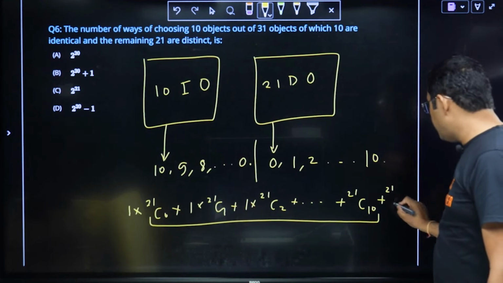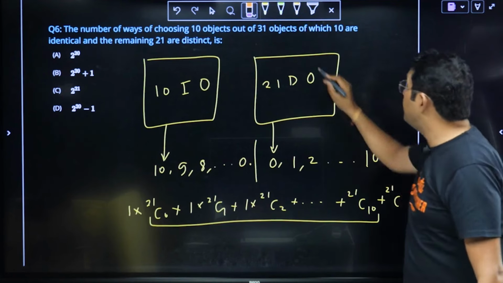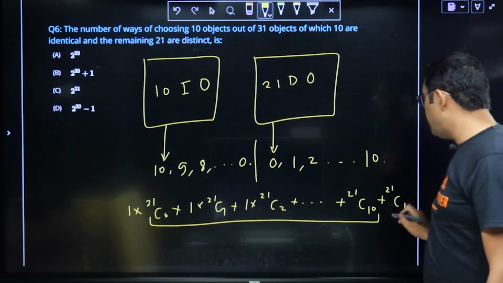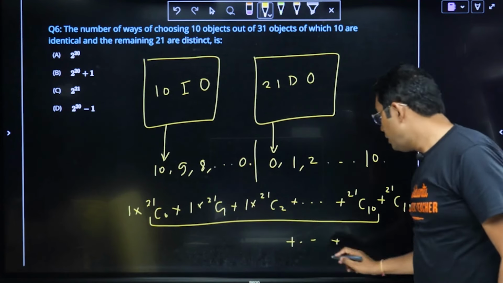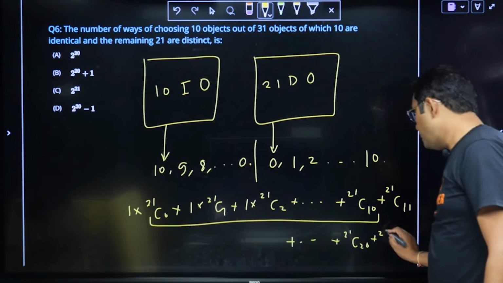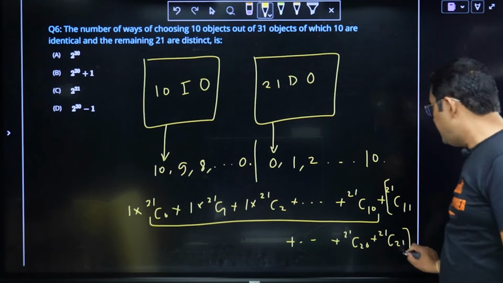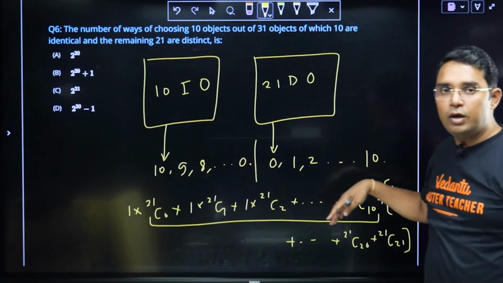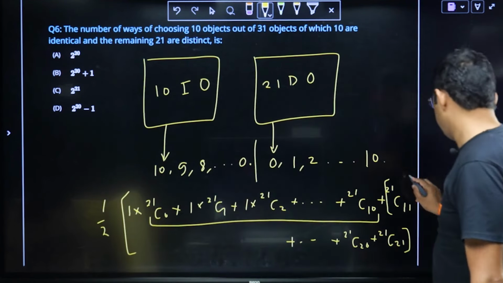Because if I write the next term, that is 21C11, it is same as 21C10. Similarly, the other terms. On the other hand, if I write, it will be 21C20 plus 21C21. So these extra terms which I have added here are actually same as the terms we are looking for. So what we can do, we can multiply by half to the entire thing here.